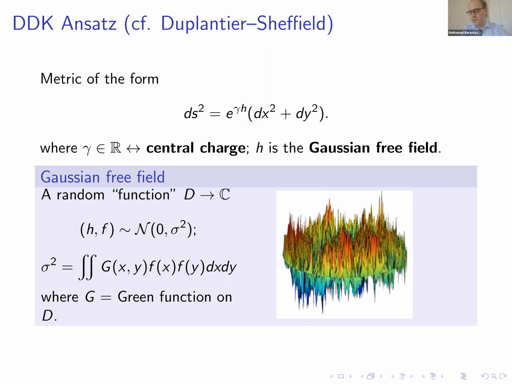One way to think about it is that, very informally, we have a random metric in the plane, where if I draw a ball of Euclidean area epsilon in the plane, then it corresponds in this random geometry to a random area of size e to the gamma h times epsilon, where h is a Gaussian free field.